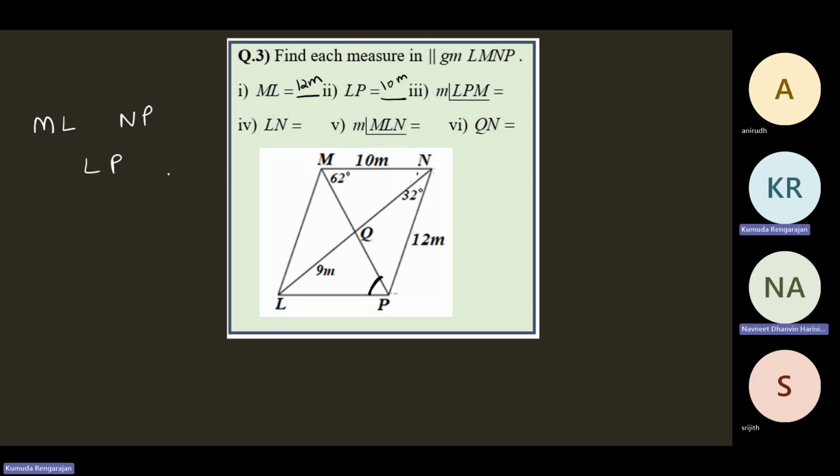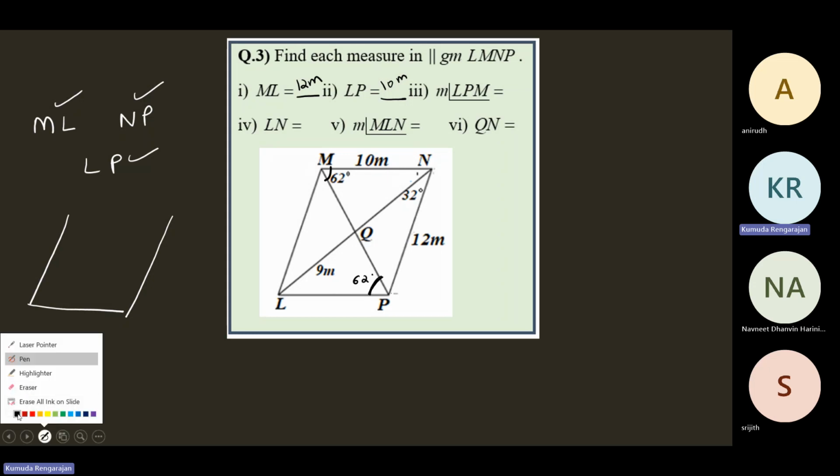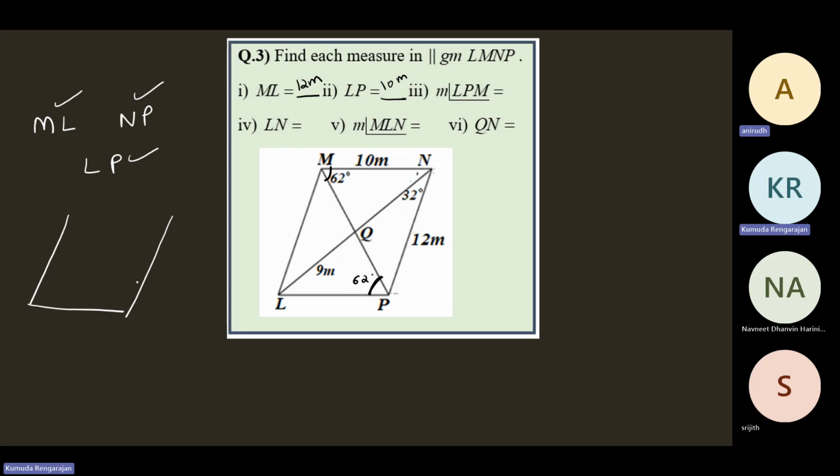Okay, see how it looks. I heard like this: ML, NP. ML is here, NP is here, and LP is here. And you're saying this angle is 62. Where is the relevance to the parallel lines you have mentioned?